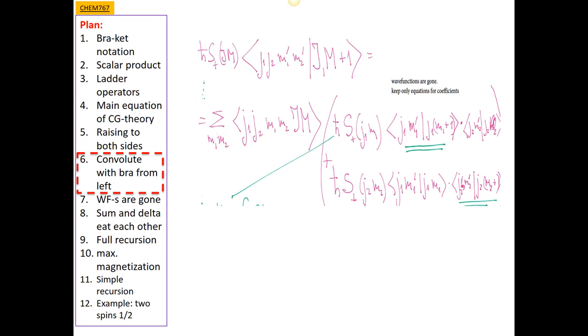So here will be J1, J2, M1, M2, these primes. And here we have J1, M1 plus 1, J2, M2, right?